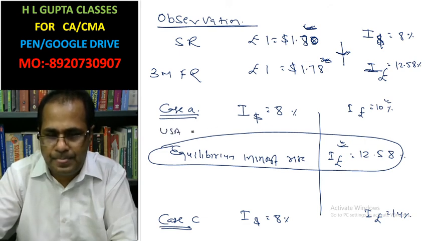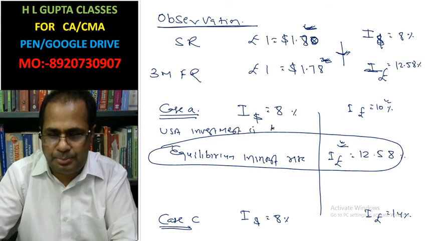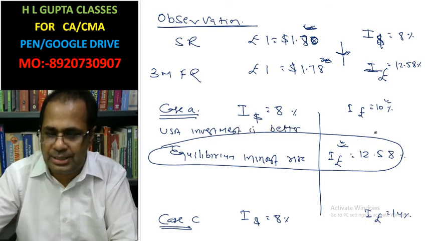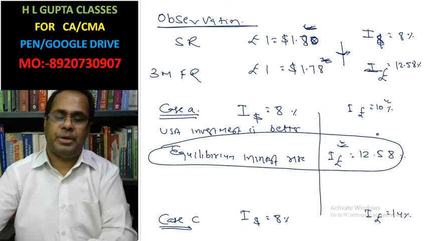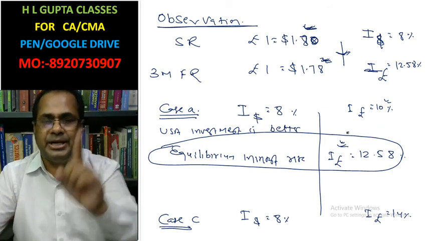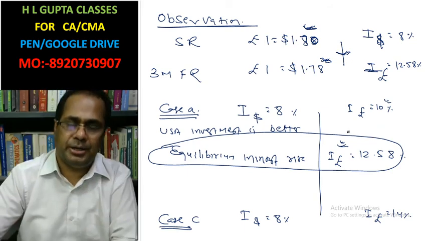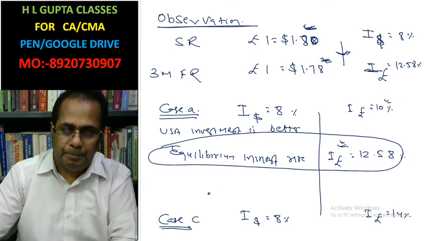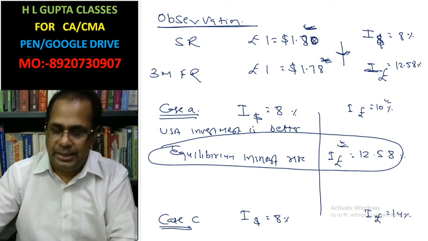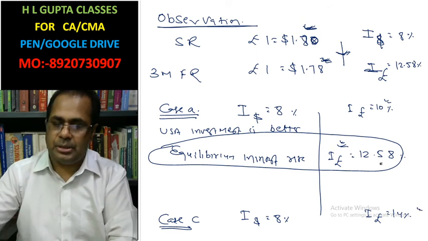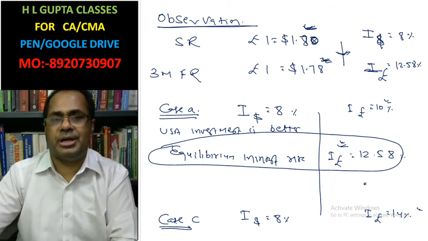USA investment is better if interest rate of pound is less than 12.58%, which is seen in part A. But in part C, interest rate of pound is 14%, which is higher than equilibrium interest rate.